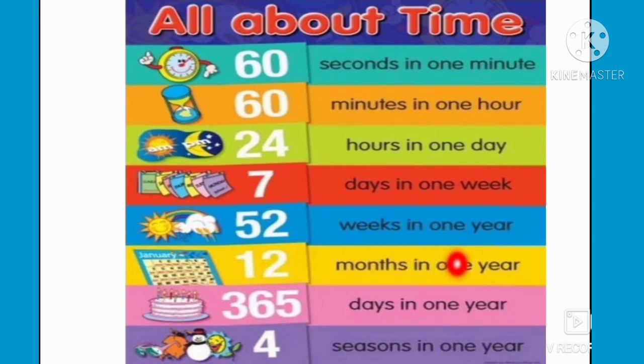If it is a leap year, the number of days is 366. 4 seasons in 1 year.